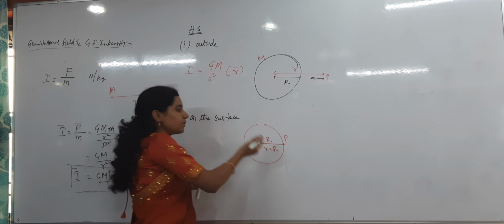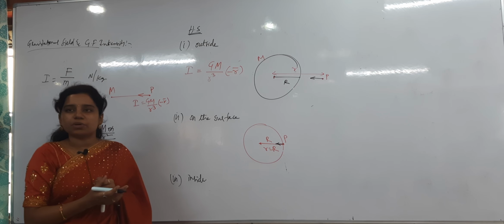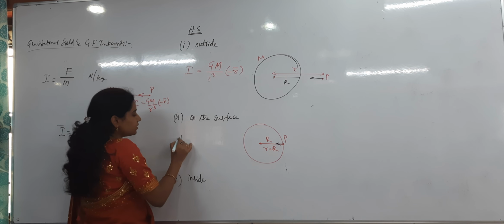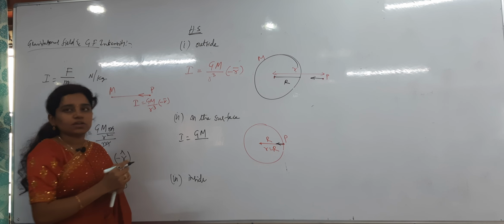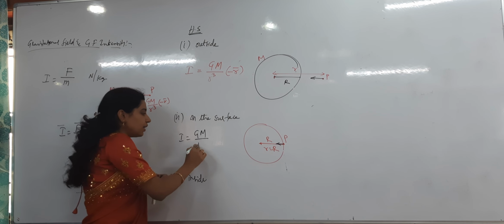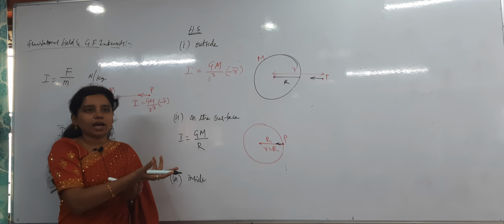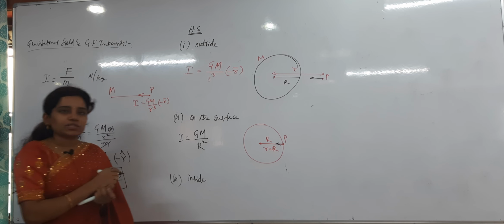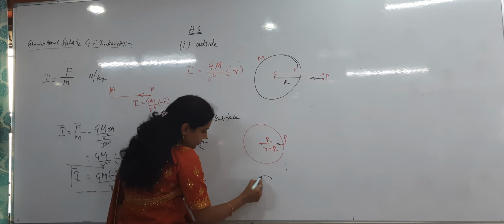So towards the mass it is in this direction. On the surface it will be maximum. How much is the maximum? I is equal to, simply what will we get? GM by, what is the distance now? Capital R square. R cube into R only again. GM by R square we will get. Then the next case is inside. Now tell me the answer.